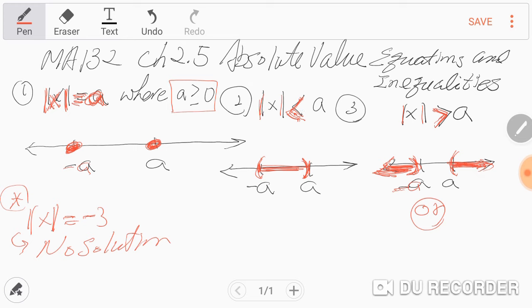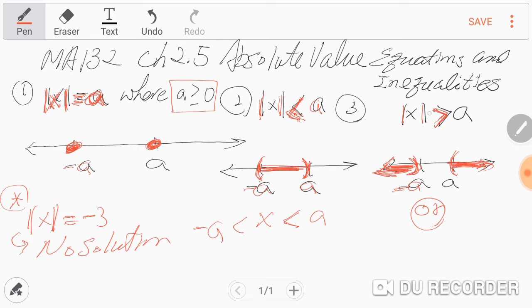If absolute value of x is less than a, then x is between positive a and negative a. So x is greater than negative a, and x is less than a.